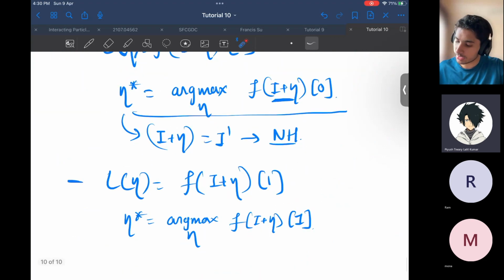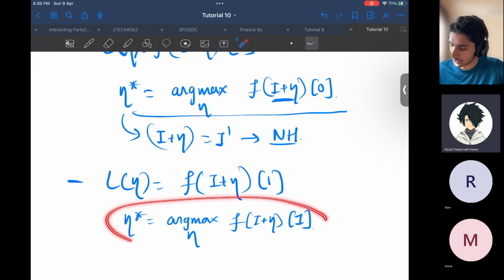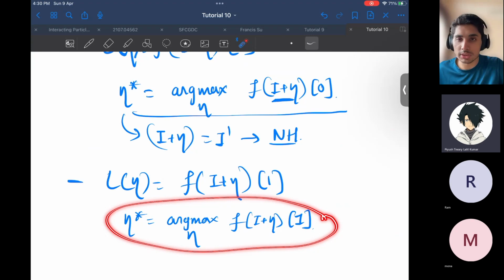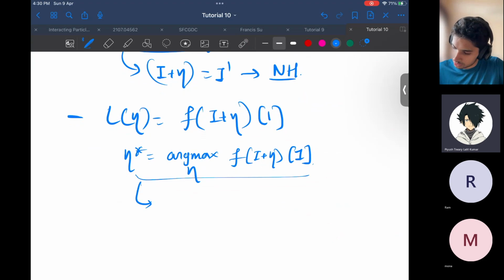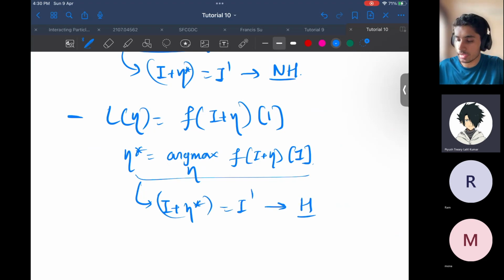So I will construct an eta by solving this optimization problem using gradient descent or whatever your favorite optimization algorithm is. And if I solve this and use I plus eta star here, let's call it I dash, this will give me human as a prediction, right?